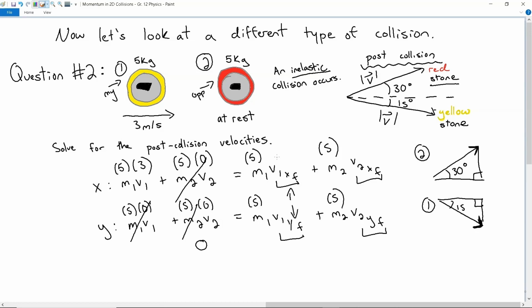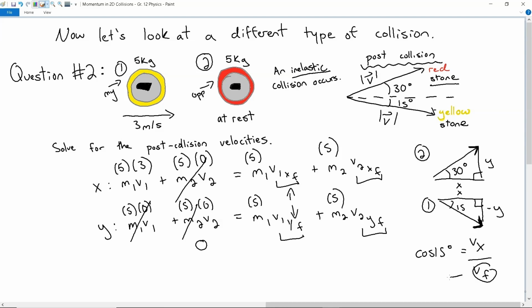Let's see how we can represent this with the overall velocity. So this is my x component on both of them, and this is my y component. So for the first object, if I wanted to reference my x velocity, I could go cos 15 equals vx over the overall final velocity.